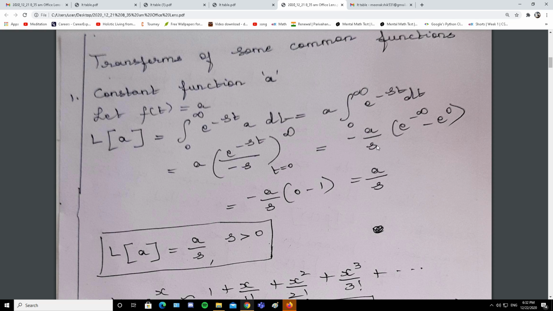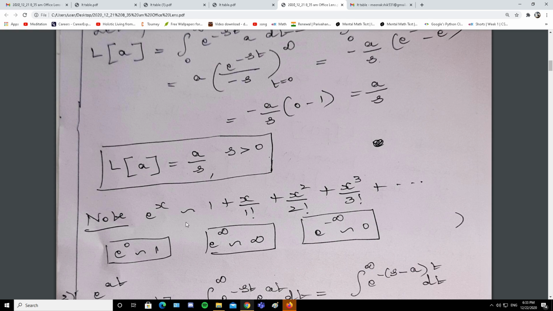So minus a by s of 0 minus 1, that is a by s. So Laplace of the constant function a is a by s, where s is positive. This condition is very important. So learn the proof and remember by heart the Laplace of standard functions with the condition. Laplace of the constant function a is a by s, where s is positive.